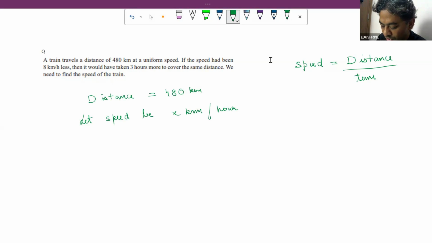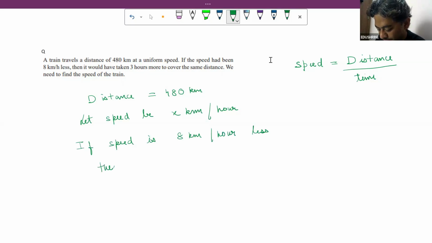Now they are saying if speed had been 8 kilometer per hour less, then time will be 3 hours more.